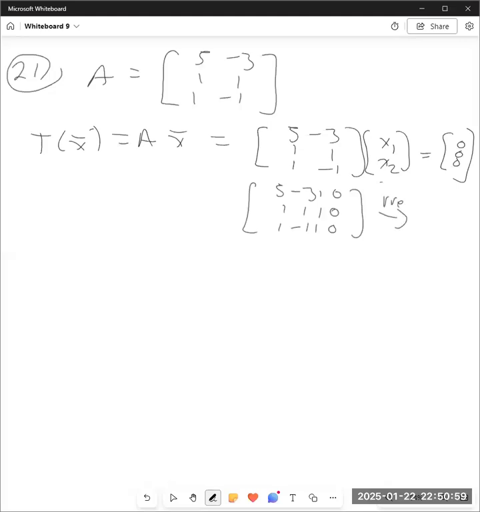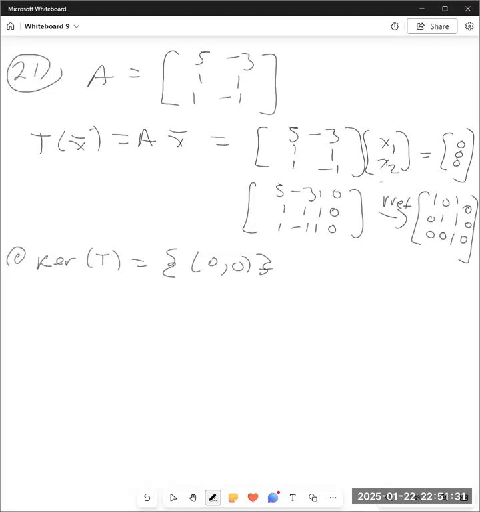Going to RREF that, and I get [1, 0, 0; 0, 1, 0; 0, 0, 0], giving me a kernel of T equal to (0, 0), because x1 equals 0 and x2 equals 0.